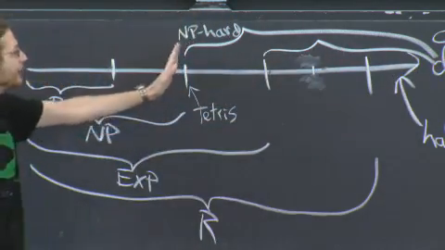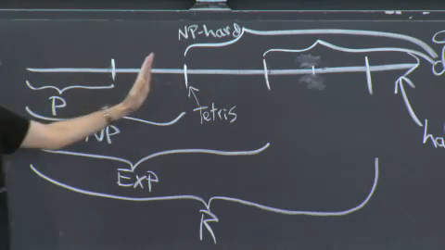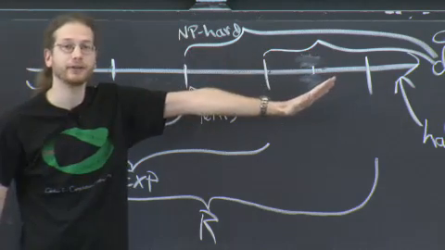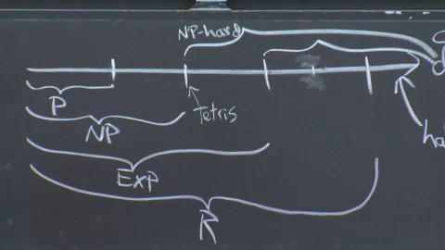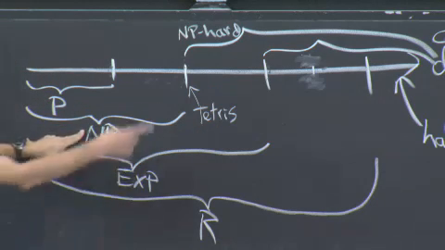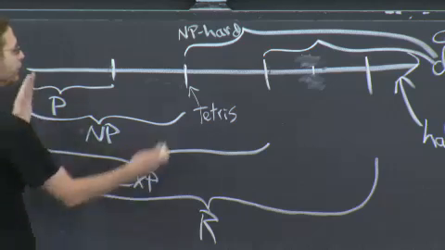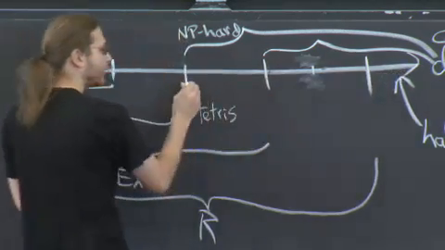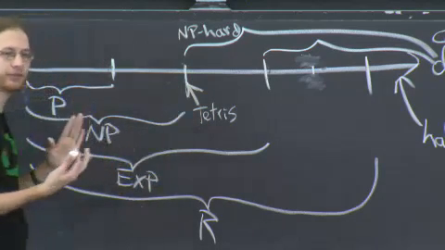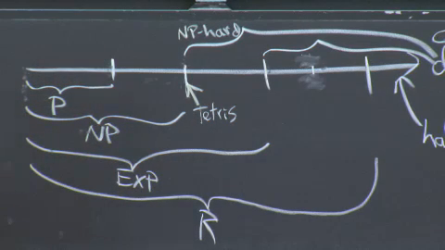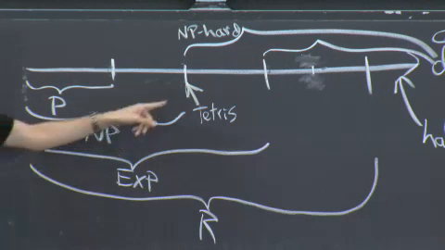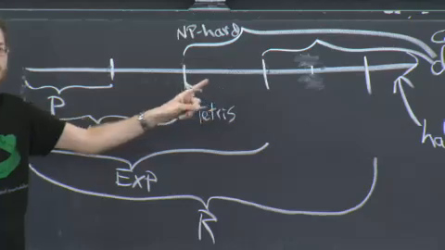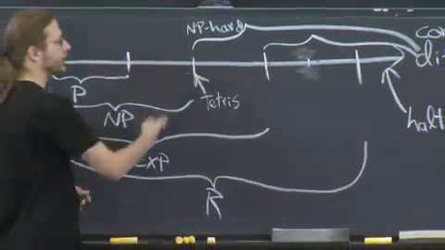NP hard means it's at least as hard as everything in NP. That means it might be at this line, or it might be to the right. But in the case of Tetris, we know that it's in NP. We proved that a couple of times. And so we know that Tetris is also in this range. And so if it's in this range and in this range, it's got to be right here. Completeness is nice. So if you can prove a problem is complete for some complexity class, then you know sort of exactly where it falls on this line. Okay, NP complete means right here.